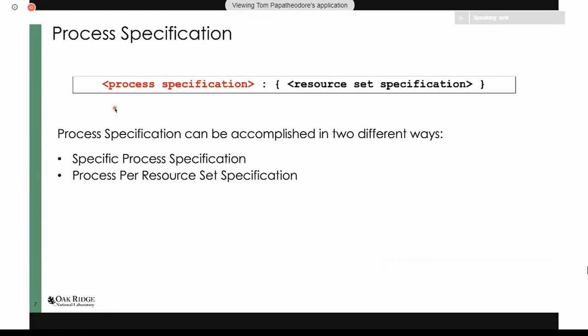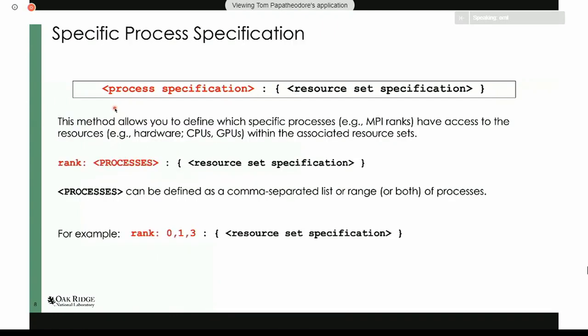So process specification we'll look at first, and this is something that can be accomplished in two ways. You can do what's called specific process specification or process per resource set specification. Kind of a mouthful. For the specific process specification, you're doing what the name sounds like. You are defining which specific processes have access to the resource set over here, right?